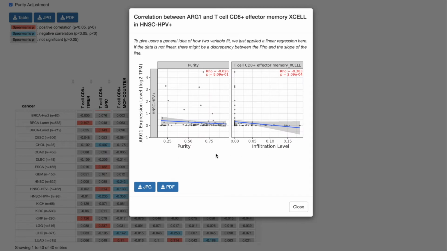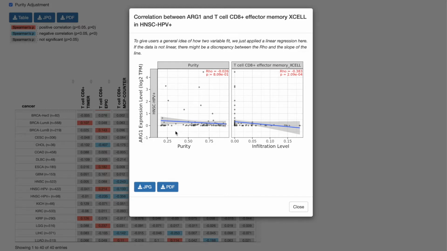As you can see, there are two scatter plots. The left one is the ARG1 expression with the tumor purity, and the right one is the ARG1 gene expression level with the CD8 T cell infiltration.